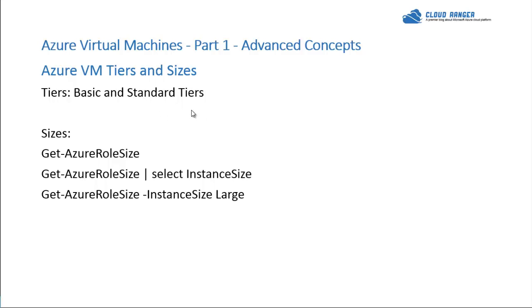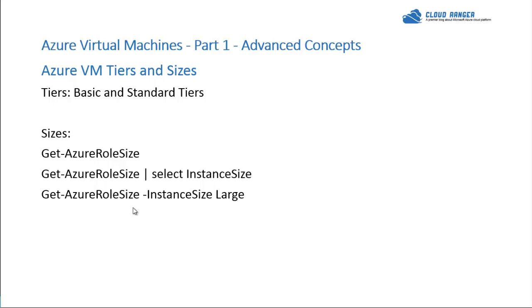But the difference in features is that if you are building that VM on a standard tier, it is going to have features like high availability, and the other feature I'm trying to remember is auto scale. Yes, auto scale. I'm going to get into those features in the subsequent sessions, but those are all the other features present with the standard tier that are not there in your basic tier.